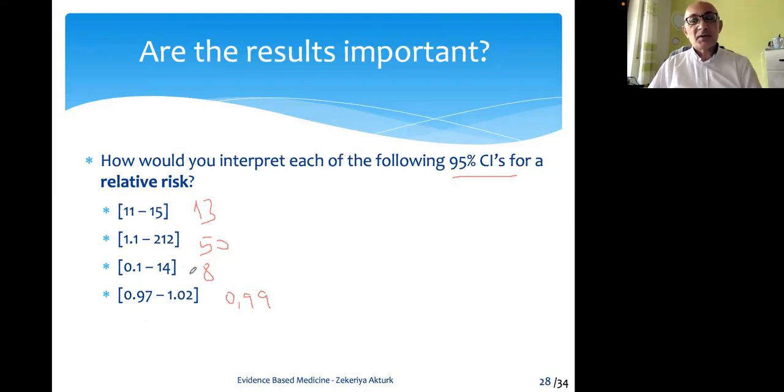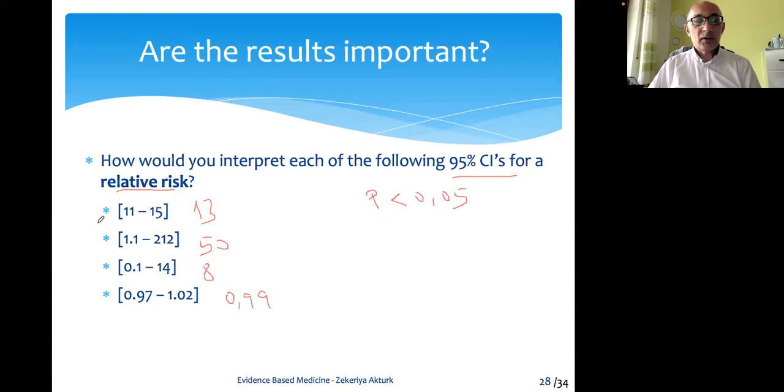Now, remembering our previous presentations, you should be able to tell that P is less than 0.05, or P is significant, whenever the confidence interval of the relative risk is not including 1. So what about these 4 examples?